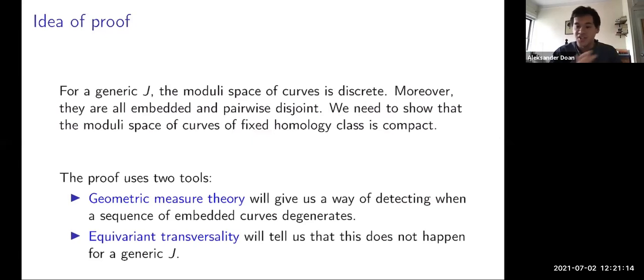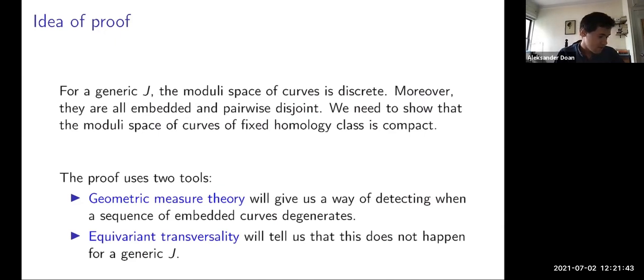And again, when I say curves, I always mean curves lying in zero-dimensional moduli spaces. And because we are in dimension 6, you can always guarantee that these curves are embedded and pairwise disjoint, simply because 2-manifolds embedding into 6-manifolds will have pairwise disjoint images.